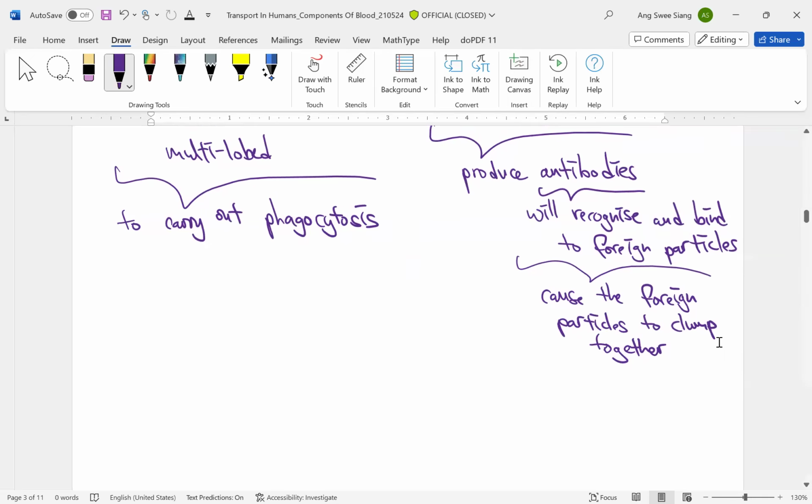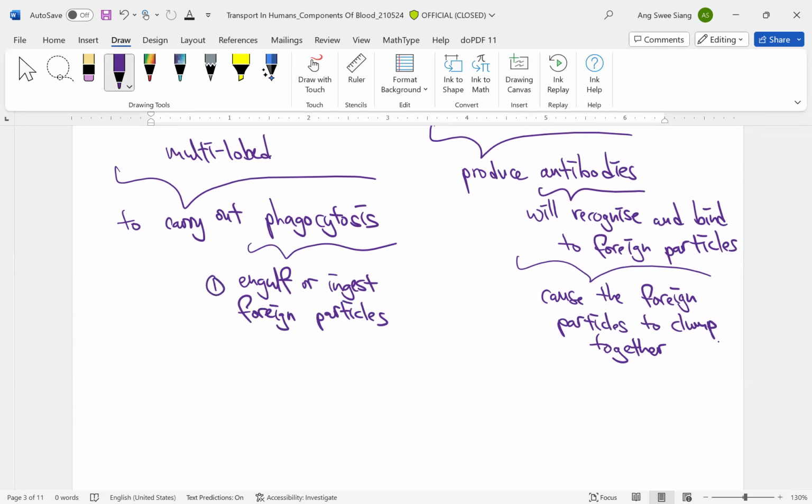So what is phagocytosis? Basically, it is to engulf or ingest foreign particles. Okay, this is the first step.